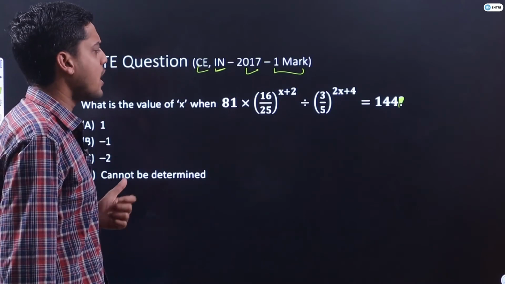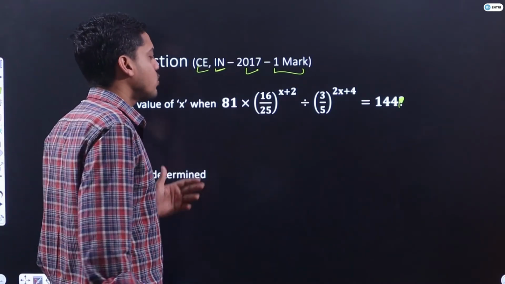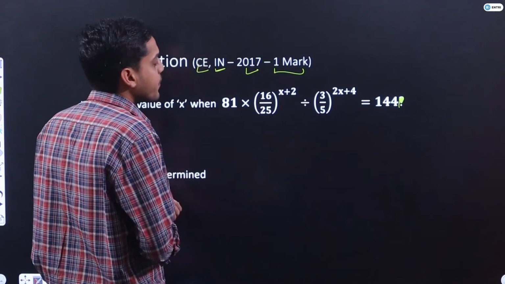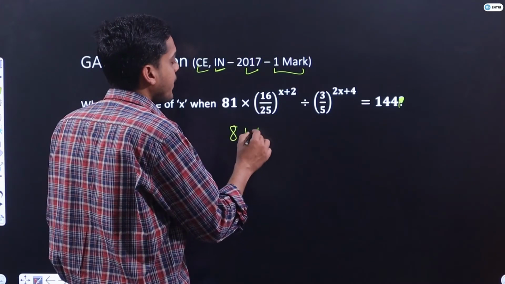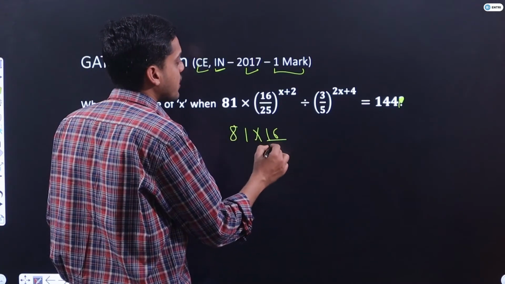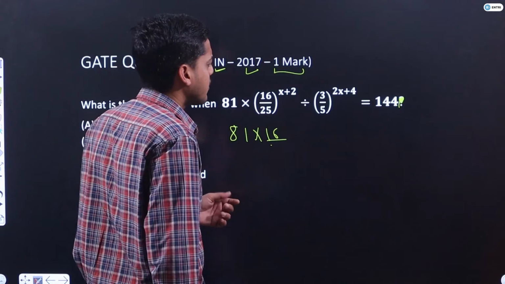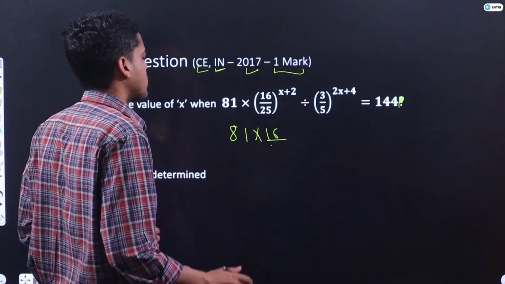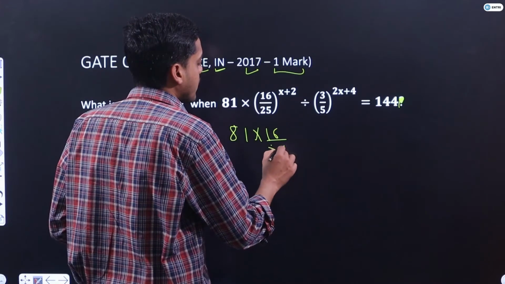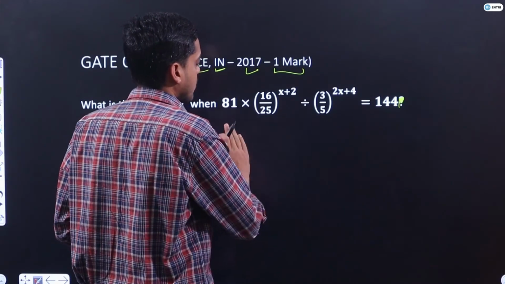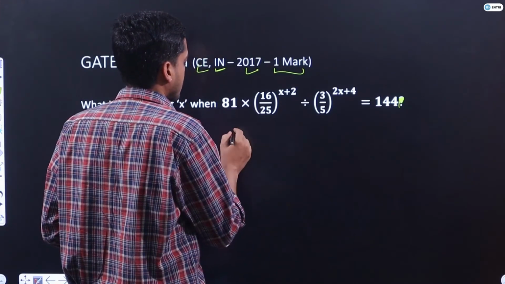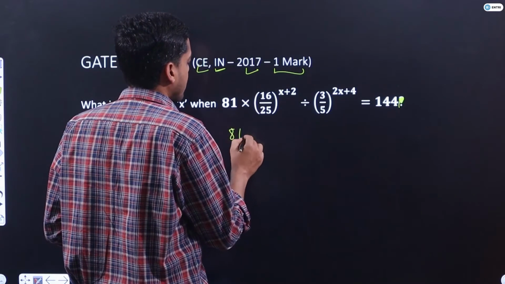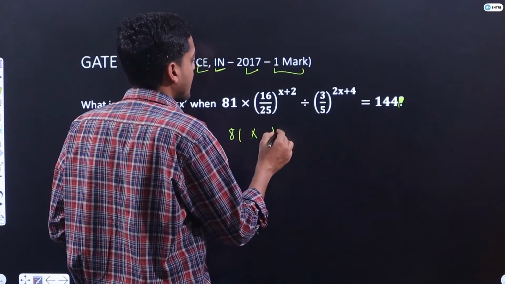So here guys, again, if they are having powers, let's solve this. 81 into 16 upon 25.